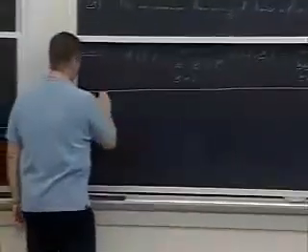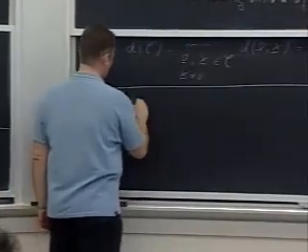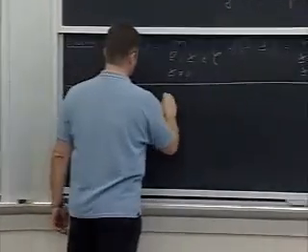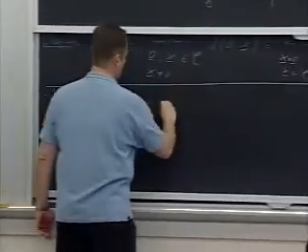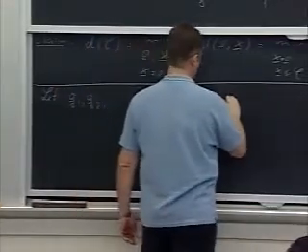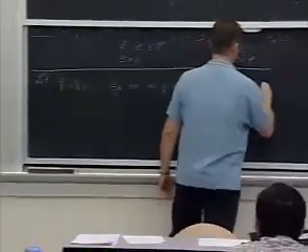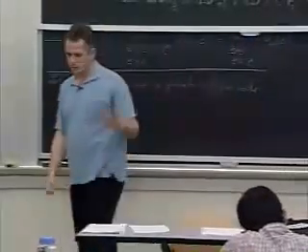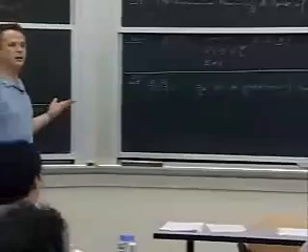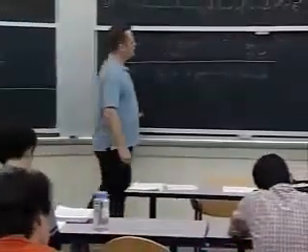So let g1 to gk be k generators of the code. So it's a basis of the vector space. Any basis would be fine here.